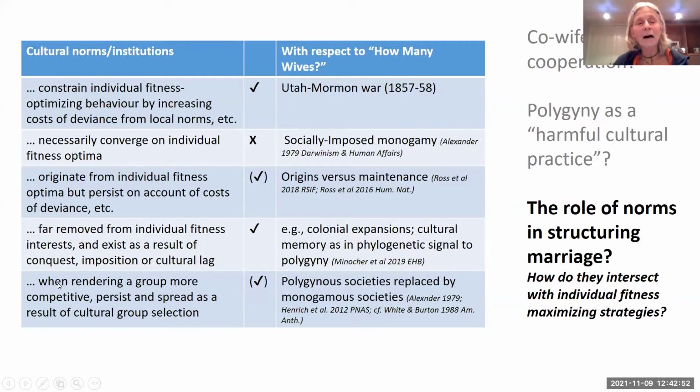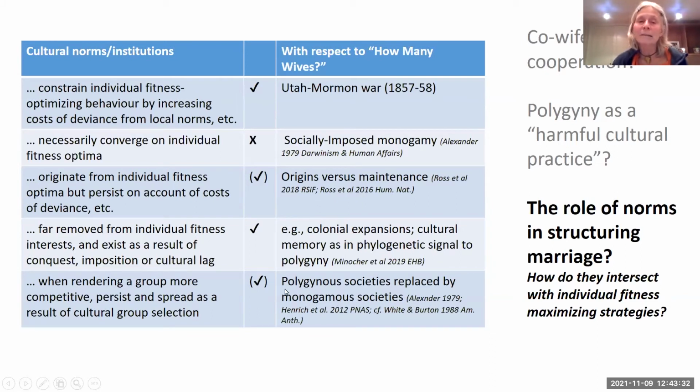And finally, cultural norms and institutions, at least when they render a group more competitive, may persist and spread as a result of cultural group selection. This is the position, for example, in Henrich and colleagues' paper, where they argue that polygynous societies, because of the purported pathological consequences of polygyny, tend to be replaced by monogamous societies, either through conquest or, more likely, through cultural transmission or imitation.